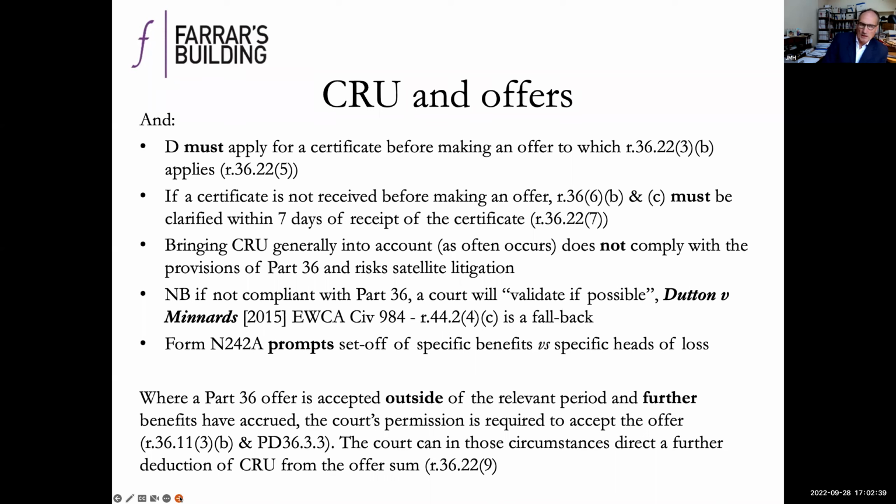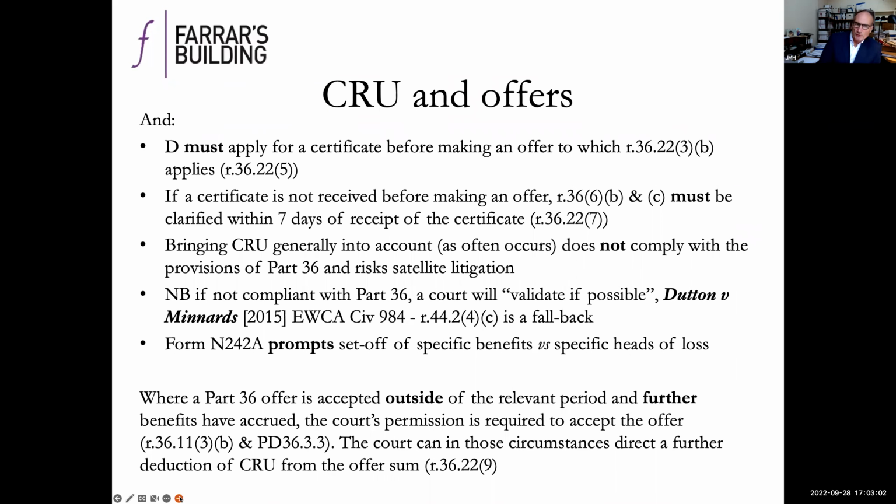So it's probably always useful in those circumstances to use the form, or if not use the form, to make certain that your standard letters that you use include, if you like, a breakdown to prompt anyone when making those Part 36 offers, to prompt them to provide that breakdown.